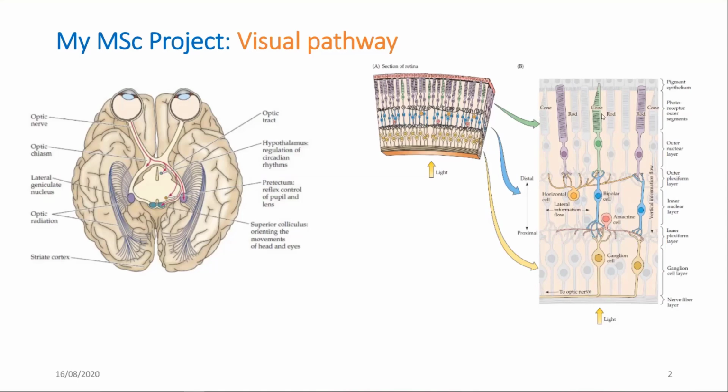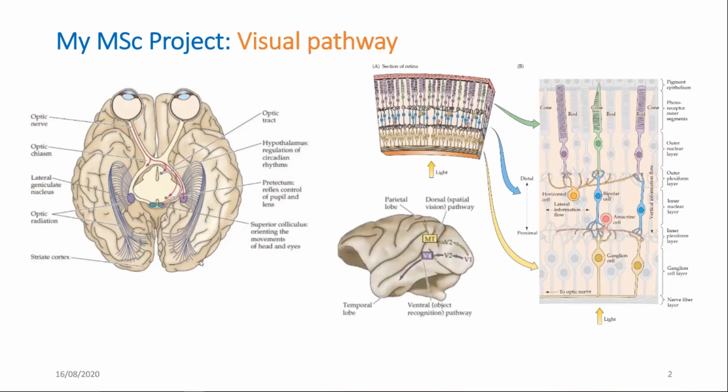What it does is collect all the information from these light sensitive cells and pass this information towards the optic chiasma and other brain areas, and finally to something we call the visual cortex, V1, which is located somewhere over here.